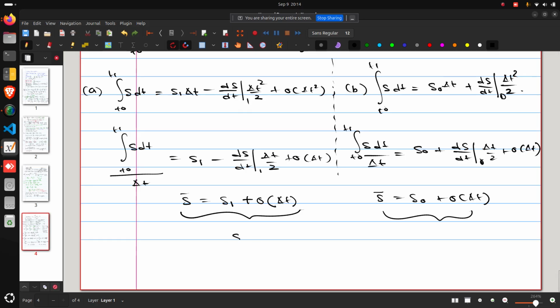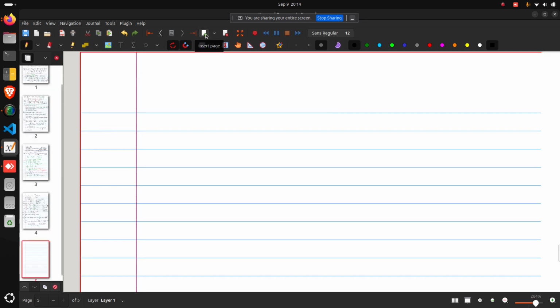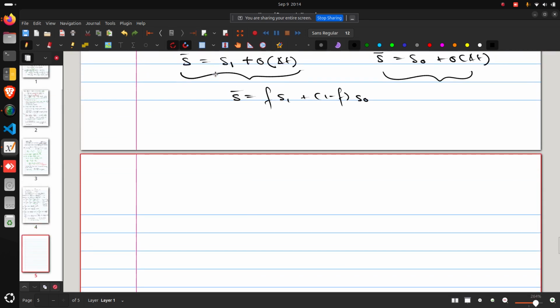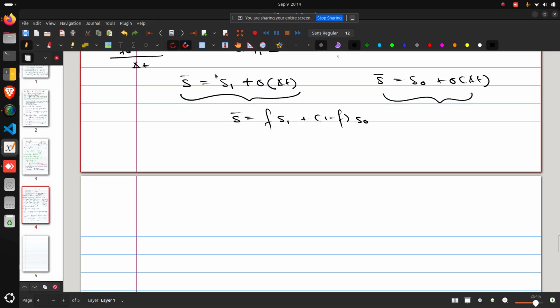If you remember, we assumed s bar to be something like f s1 plus 1 minus f s naught, right. So now you can get an idea of the accuracy of an explicit scheme and an implicit scheme.